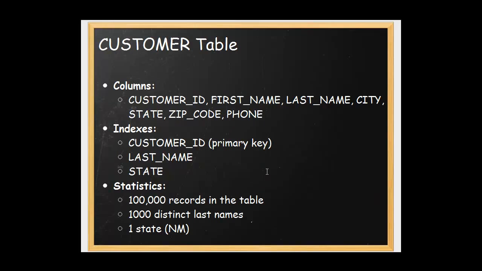Remember, from our statistical information, there are 100,000 records in this table. There were 1,000 distinct last names, meaning that each last name would have on average 100 appearances in the table, while the state column has the same value for every record.